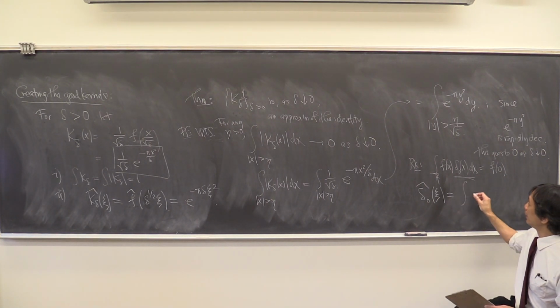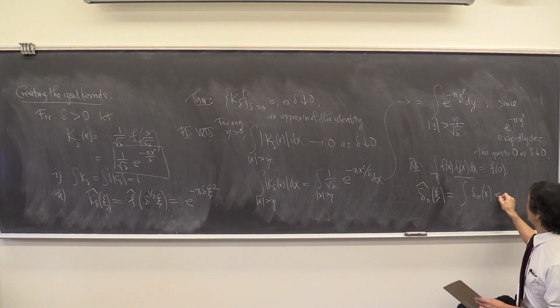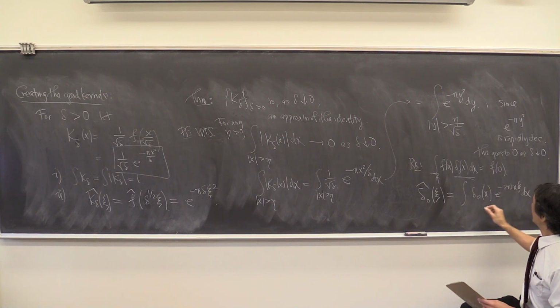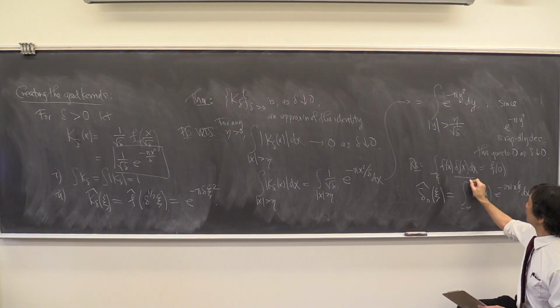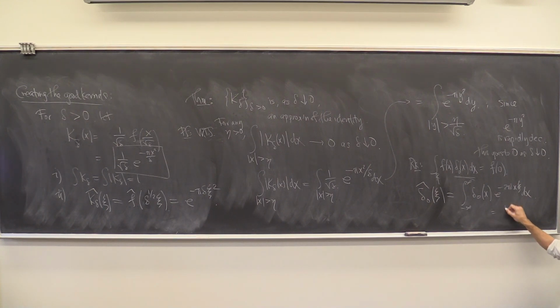Well, you want to integrate the Dirac delta function against e to the negative 2 pi i x xi dx, from negative infinity to positive infinity. So what does that give you? That'll give you 1, because it'll pick off the value of this function at 0, which is 1.